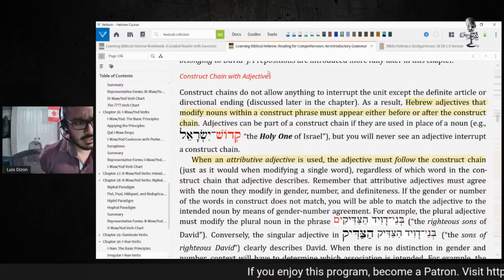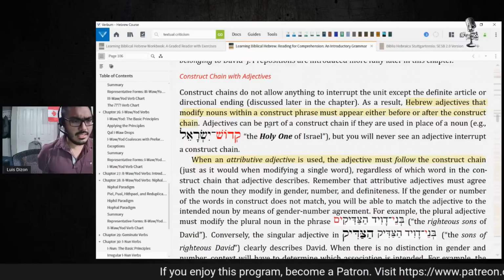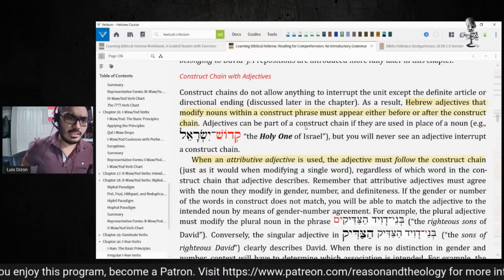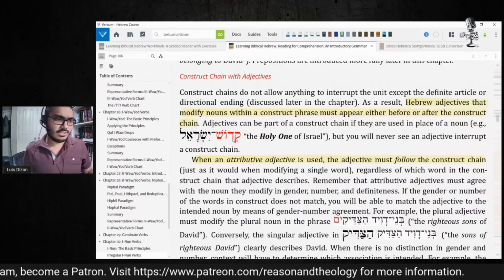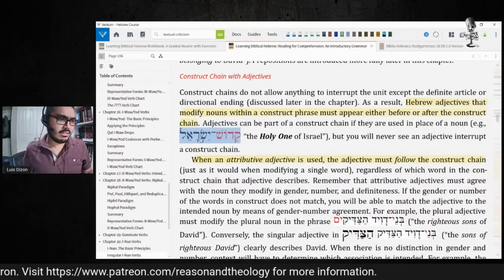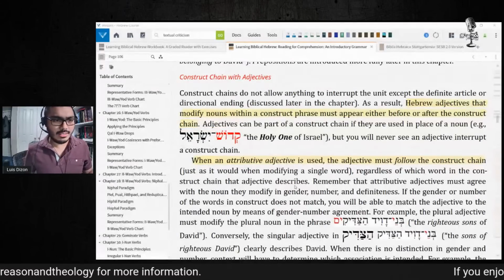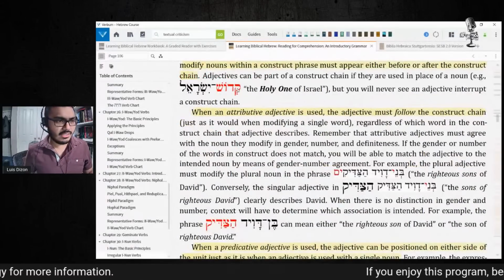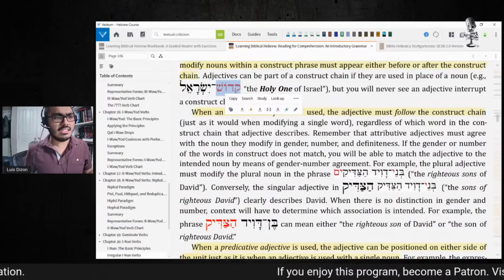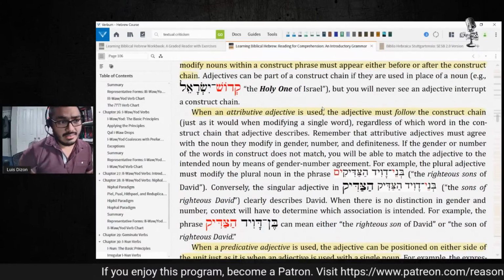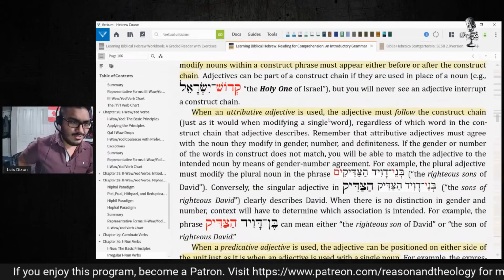The only time an adjective is part of the construct itself is if it's functioning not as an adjective but as a substantive, i.e., it's functioning as a noun. The example given here is Kadosh Yisrael, the Holy One of Israel. In this context, you do not need ha to make this definite because there is only one holy being, and that is, of course, God.